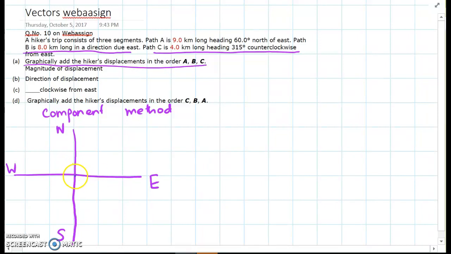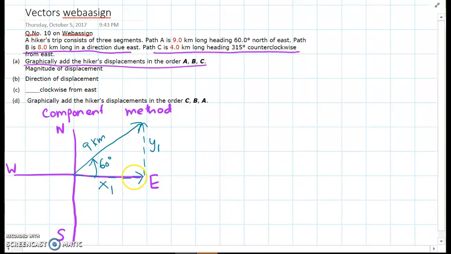So from east, you should be drawing 60 degrees in the north direction, and this is 9 kilometers long. I can clearly split this vector into 2 components, one in the east direction and one in the north direction. Let's call this x1 and y1.